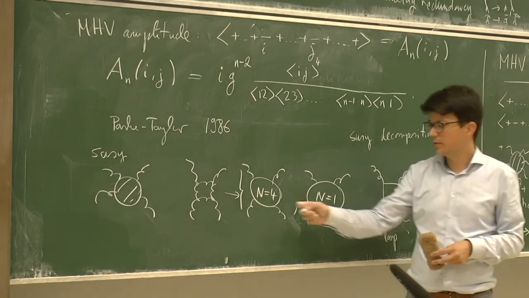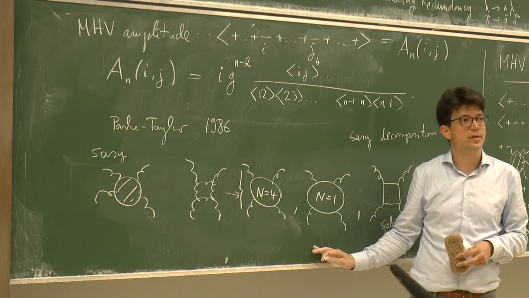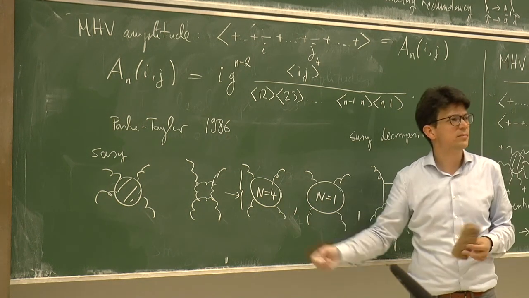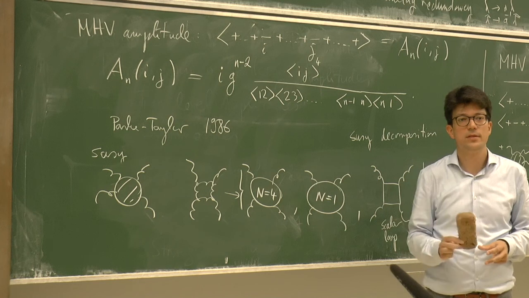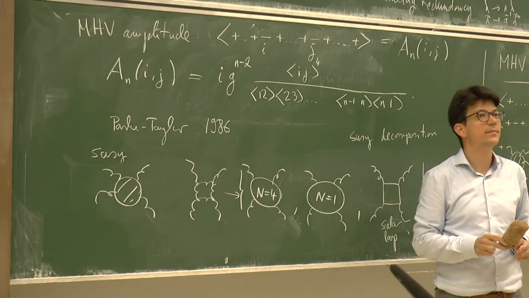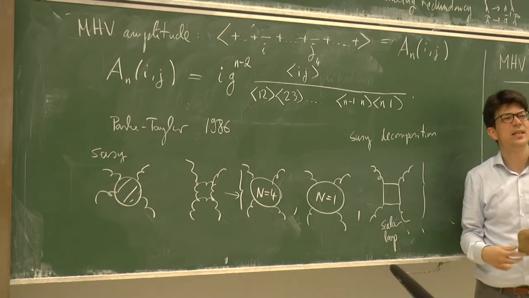And then these two are supersymmetric, so you can hope that they're simpler for some other reasons. Or indeed, if you look at some special helicity configurations, they just simply vanish. Now I forgot where the question came from. Oh, from up there, yes. So does this answer your question?